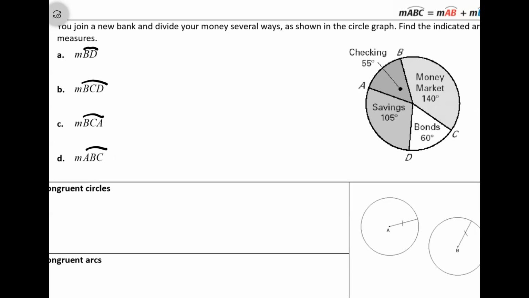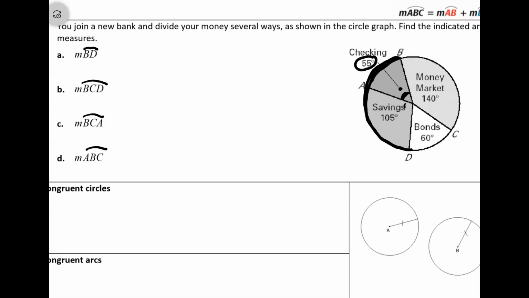So the first thing, notice the notation, it's 2 letters. So I know I go minor arc. I do not go on the other side because it's got to be less than 180. So this is when we are going to use the arc addition. Since this angle is 55 degrees, that means this arc AB is 55 degrees.